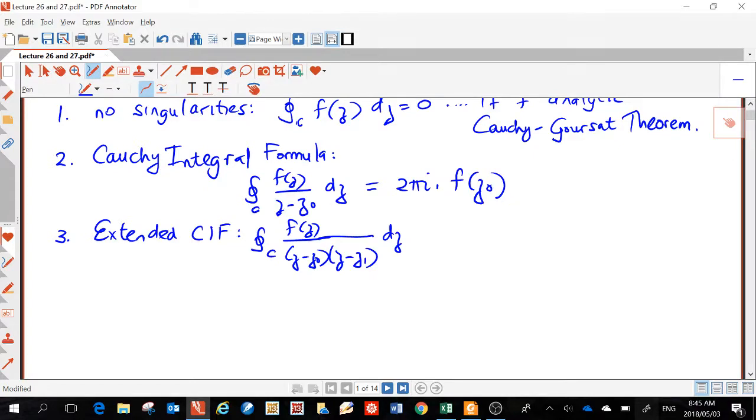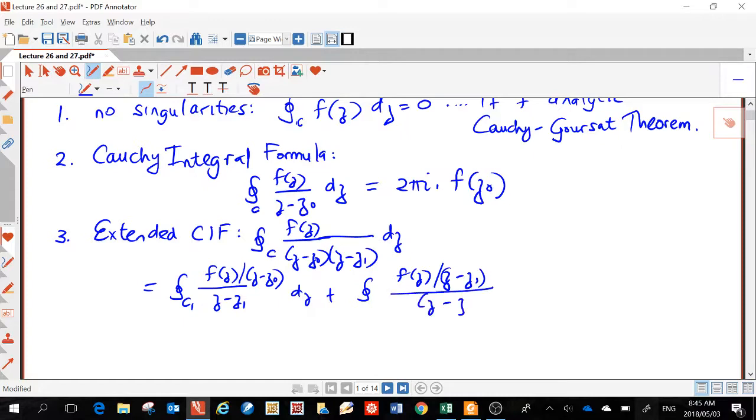You sum the two parts, and you will get, this can be the contour integral across C1. You write it like this, f of z over z minus z naught and z minus z1 dz, plus the contour integral of f of z over z minus z1 all upon z minus z naught.